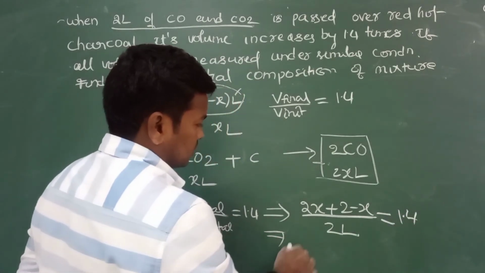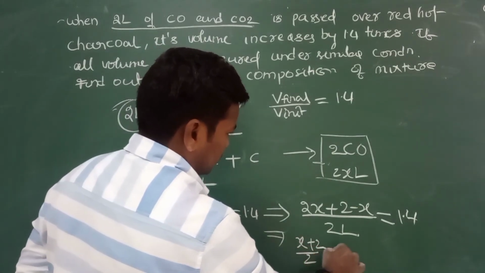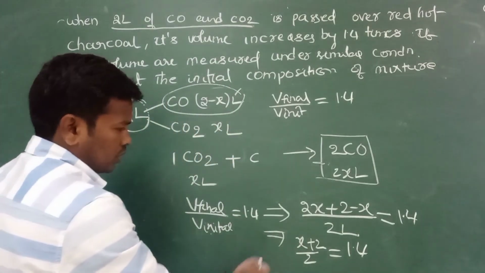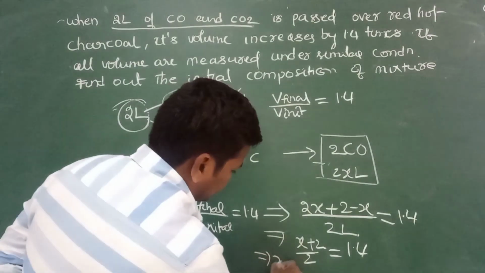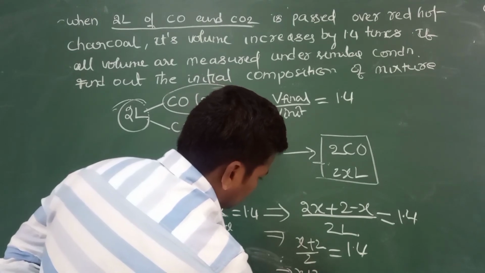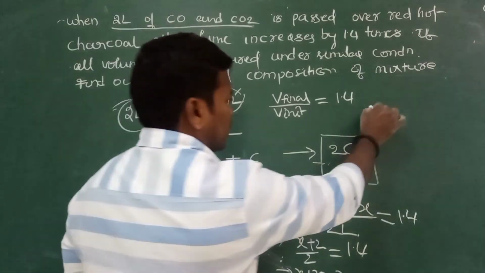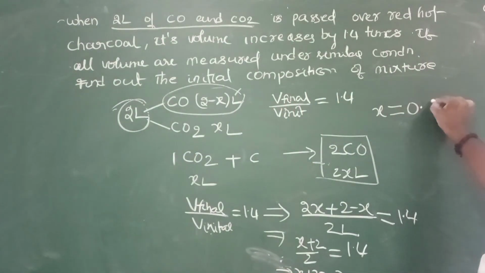Simplifying, (x+2)/2 is equal to 1.4, so x plus 2 is equal to 2.8, and x is equal to 0.8.